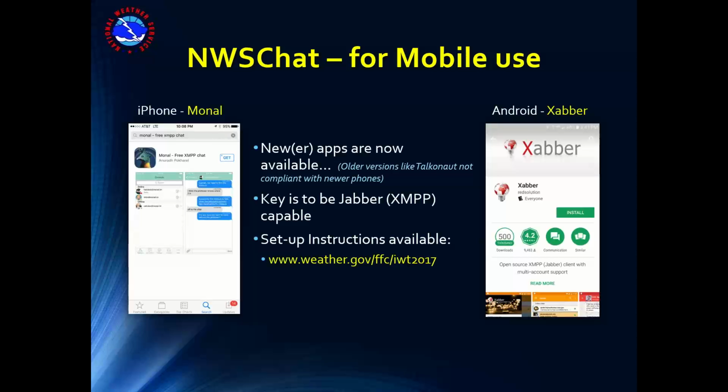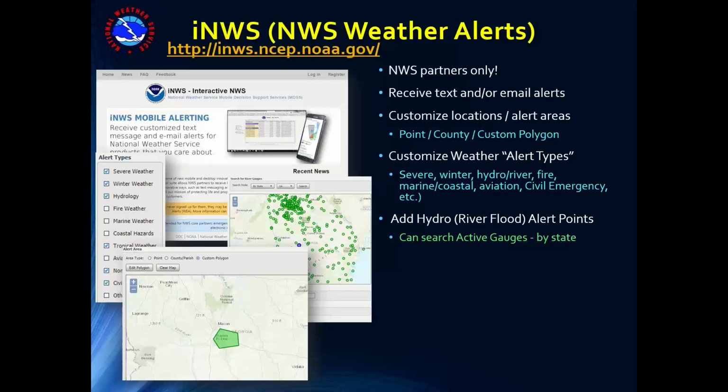So we're always wanting to hear back from some of our partners and users and see what might be the better mobile chat apps for NWS Chat. These are the two that tend to be the best ones at the moment, but I'm sure there's a couple more out there.